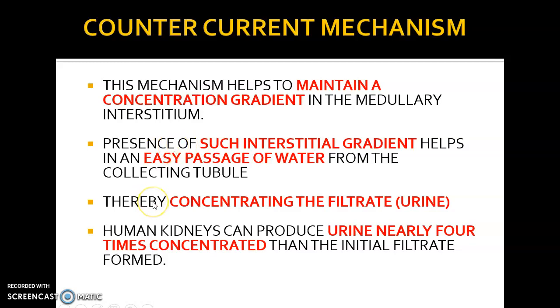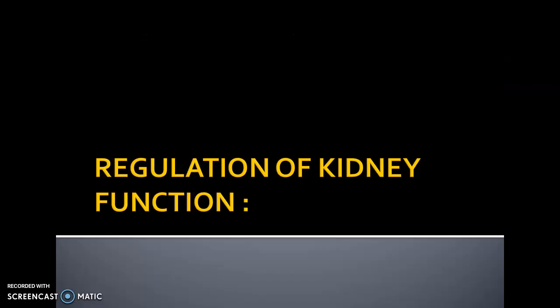Once the water leaves the collecting tubule, the urine that is formed is concentrated, and this is how we achieve a highly concentrated urine, thereby retaining the water that was a part of the filtrate, thereby concentrating the filtrate, that is urine. Human kidneys can produce urine nearly 4 times more concentrated than the initial filtrate formed.